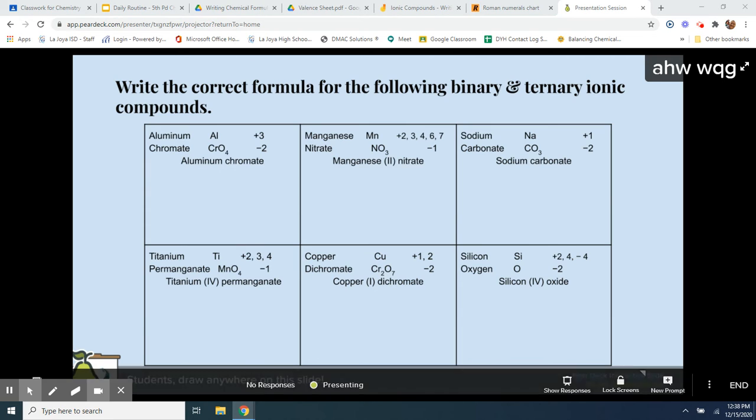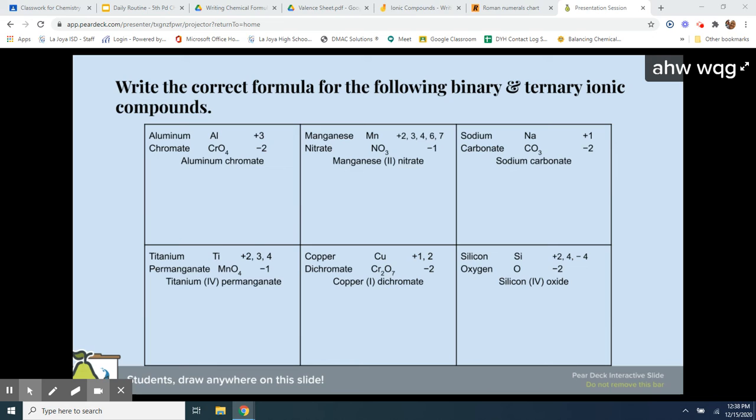All right. Alexia, number 1. Oscar, number 2. Number 3, let's go with Francisca. Irvin, number 4.